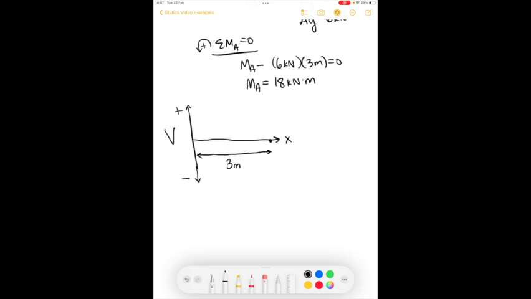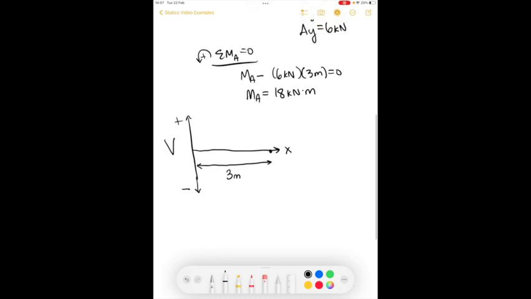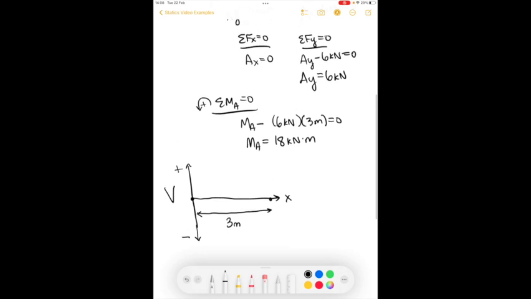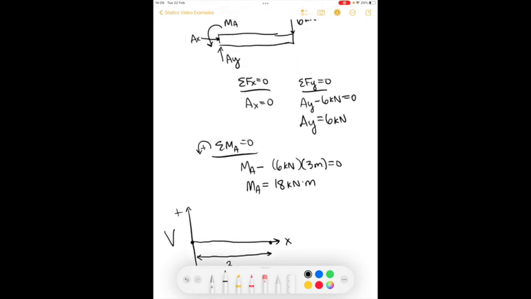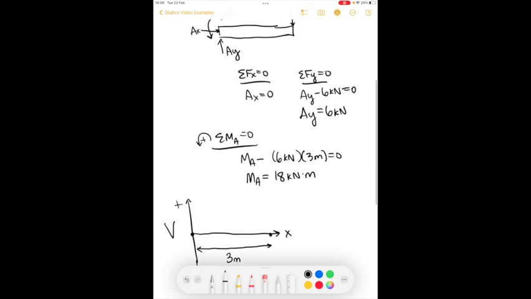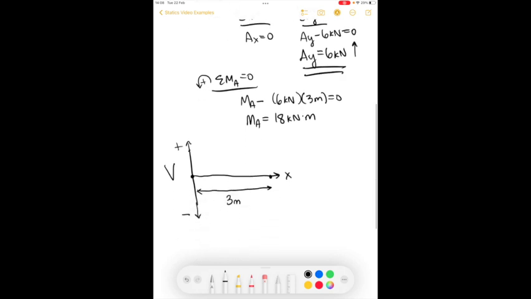That's the length of the beam. And what we do is we look at X equals 0. What is the shear? Well, the reaction at AY we know is positive, it's upwards, 6 kilonewtons. So I'm going to start here with 6 kilonewtons.